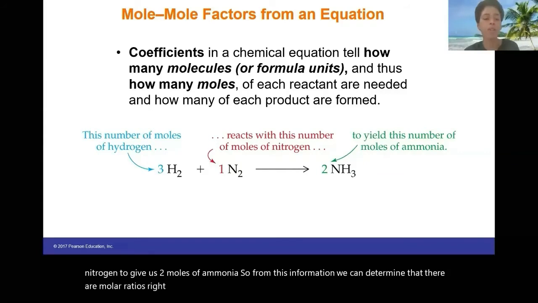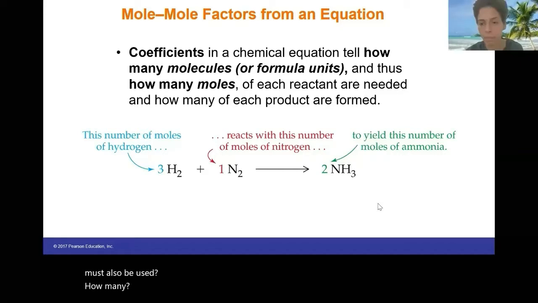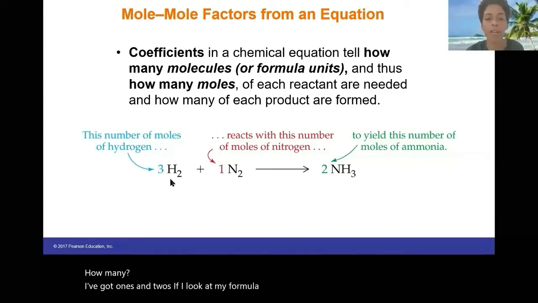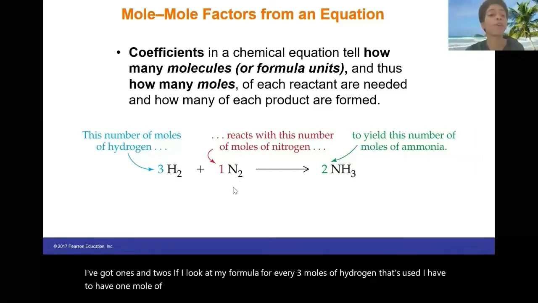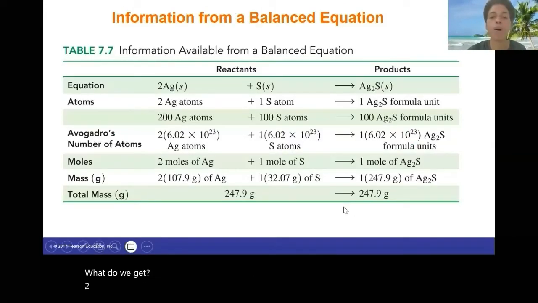For every 3 moles of hydrogen that is used, how many moles of nitrogen must also be used? How many? If I look at my formula, for every 3 moles of hydrogen that's used, I have to have 1 mole of nitrogen. And then for every 1 mole of nitrogen, how many moles of ammonia is going to be produced? What do we get? 2, right? So these molar ratios can help us determine how much product.